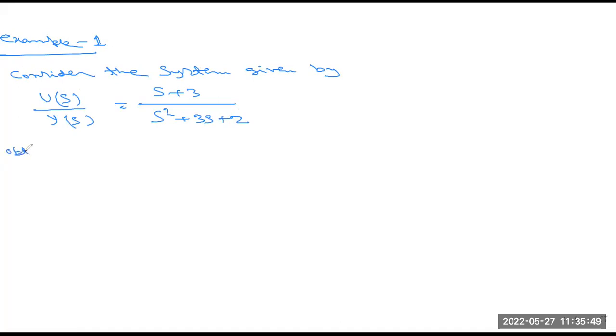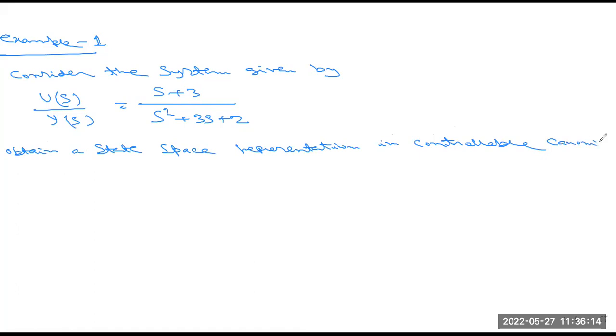Obtain a state space representation in controllable canonical form. ओके. सो ऐसे आपको क्वेश्चन दिया जा सकता है.